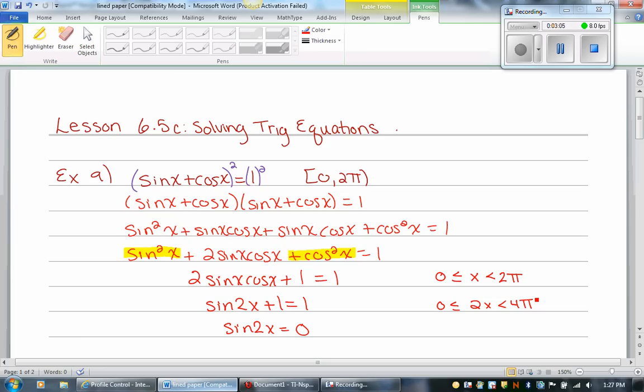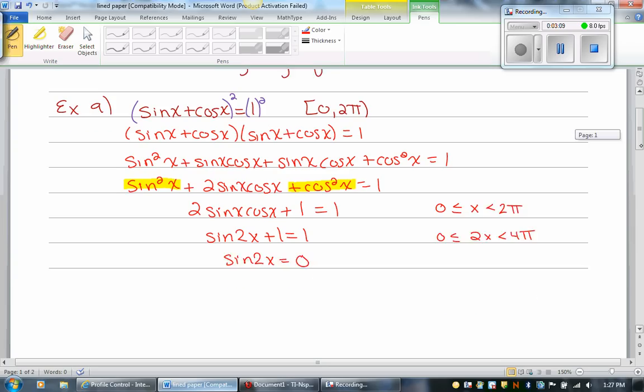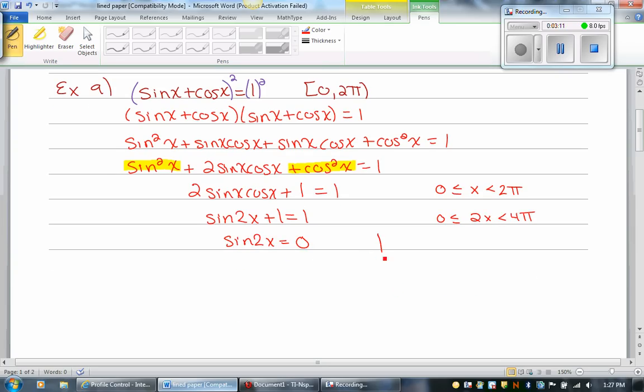Now we need to decide where sine is equal to 0. If I think about my unit circle, sine is equal to 0 at 0 and pi.